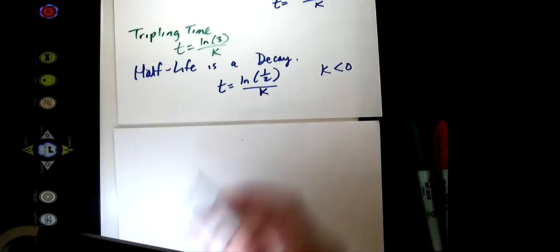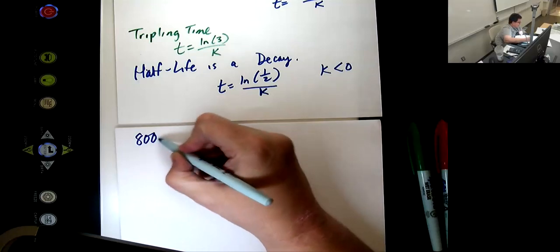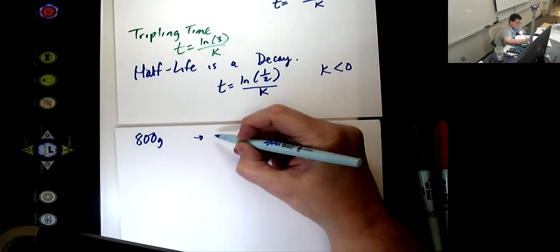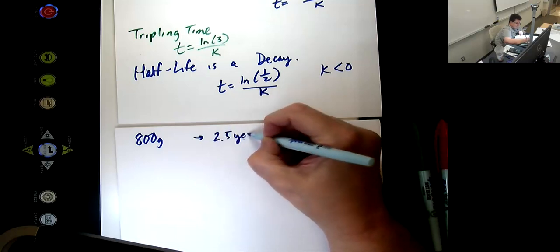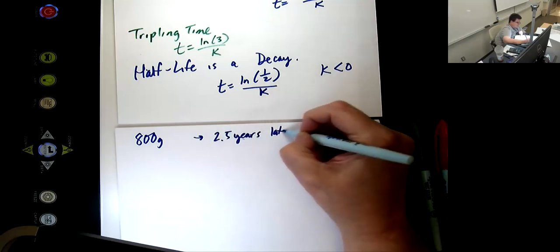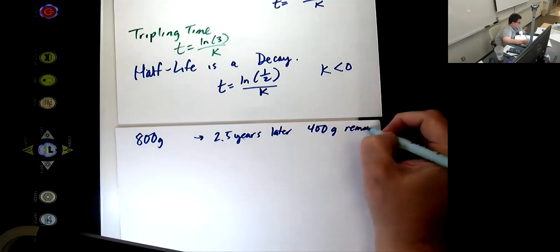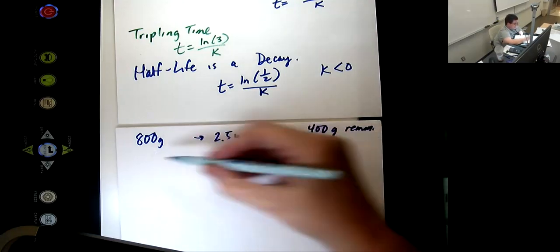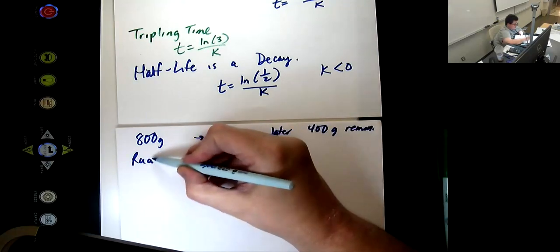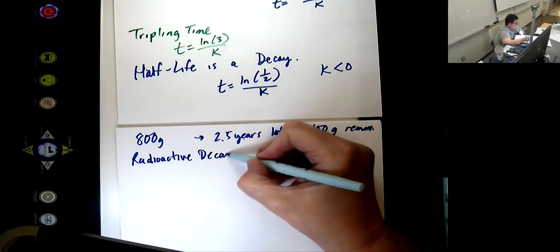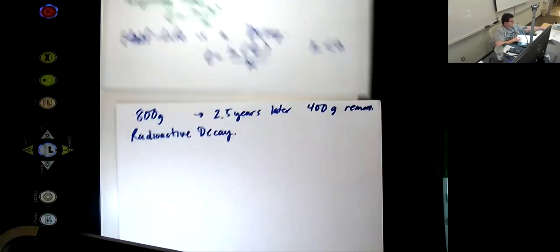So let's say we have 800 grams and 2.5 years later, 400 grams remain. So this is radioactive decay. This is how they do carbon dating.